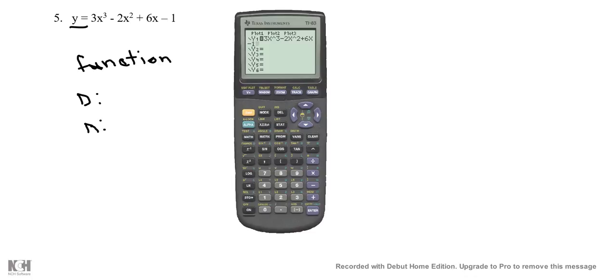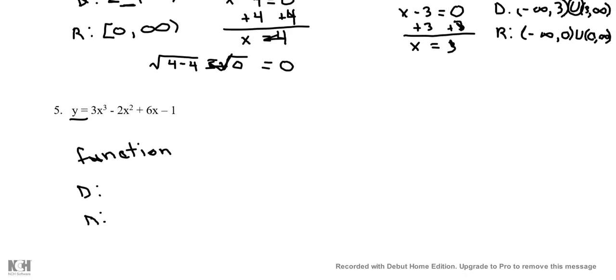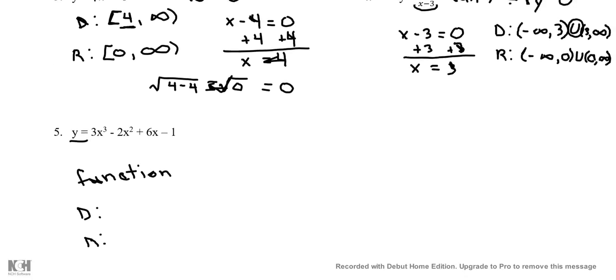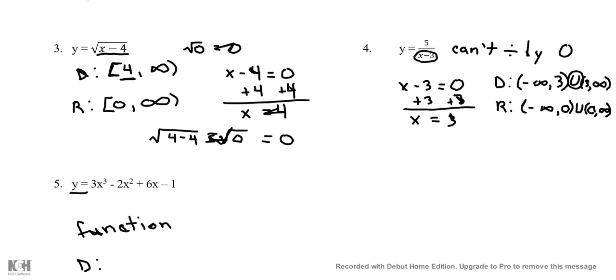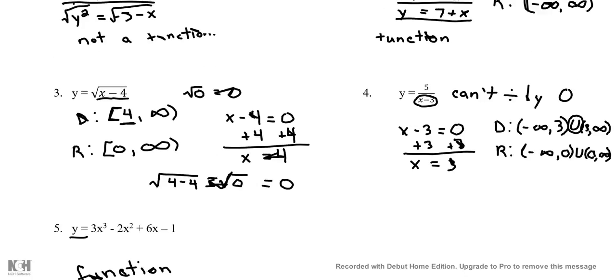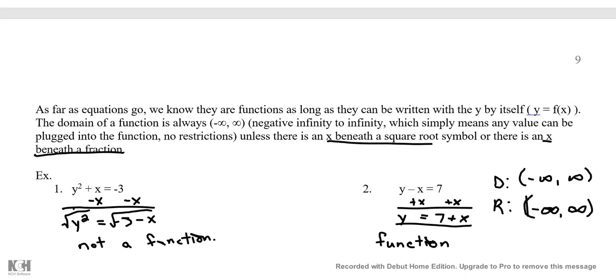Now before I hit graph, I'm going to scroll back up here and look at our instructions as far as this goes. The one thing we want to look for when we're looking to see if the negative infinity to infinity restriction on our domain is broken is whether or not x is beneath the square root or whether or not x is beneath a fraction.